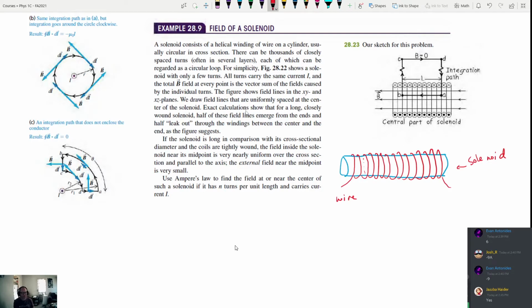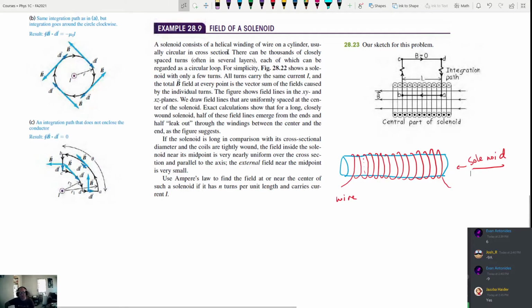It doesn't have to have current flowing through it for it to be a solenoid, which means the word solenoid just refers to a wire that has been wrapped around some kind of something to hold the wire, basically. So when I say solenoid, that's what you should think: coils of wire being wrapped around some type of something.